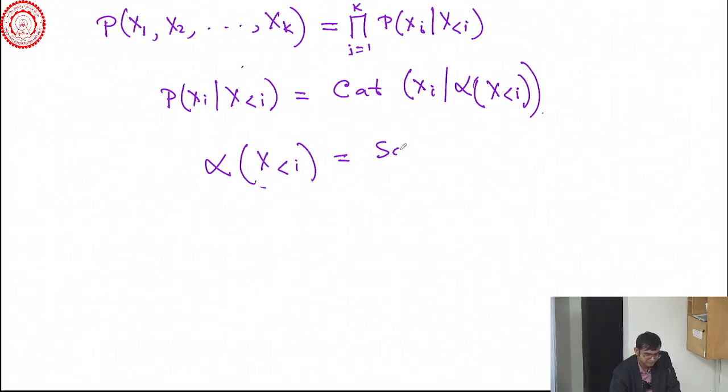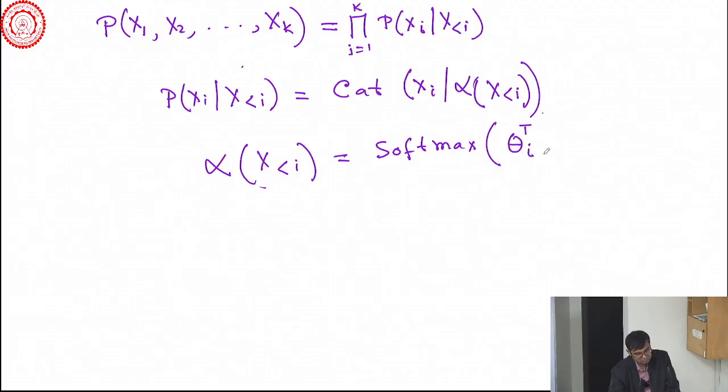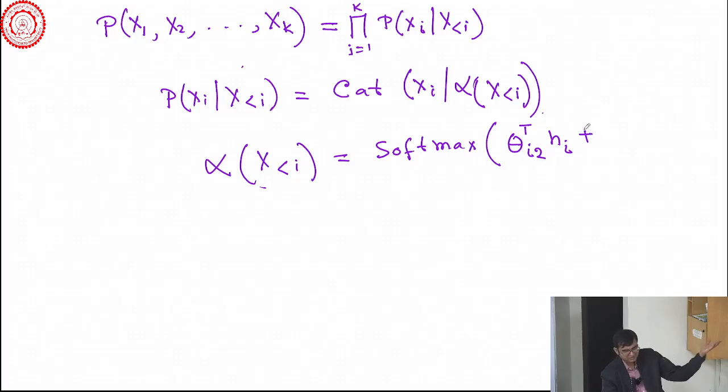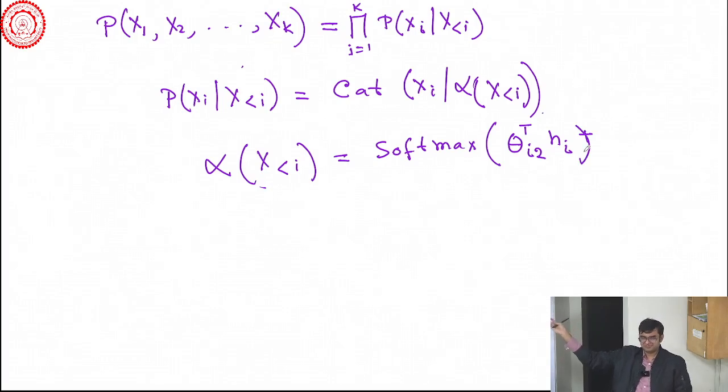So, this will be softmax of theta I2 transpose H I, plus the beta term is there, I am not writing it, the bias will be there.